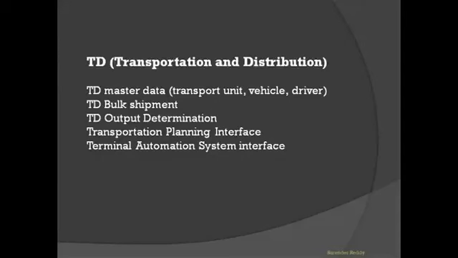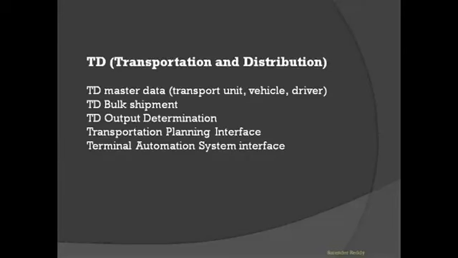Then loading confirmation: the vehicle goes to the loading terminal or bay area, gets loaded and confirmed, then leaves the factory premises and delivers the material to the customer. Then we get the delivery confirmation. These three things we call a bulk shipment.